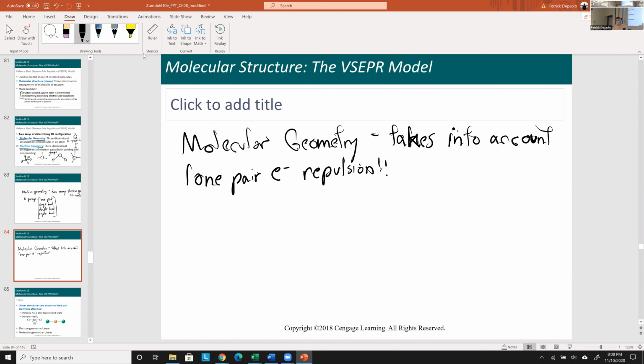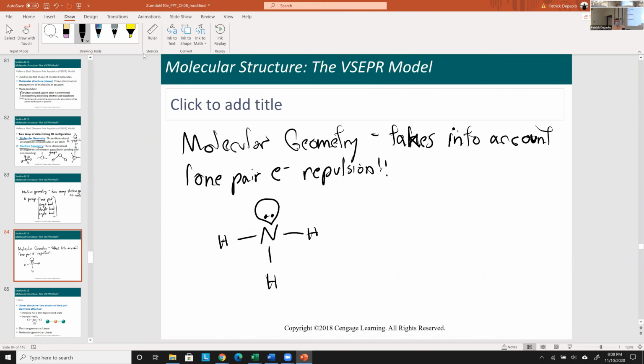So what that means is for a molecule like NH3, what actually happens in the 3-dimensional shape of the molecule, meaning the molecular geometry, is these 2 lone pair electrons are very repulsive.